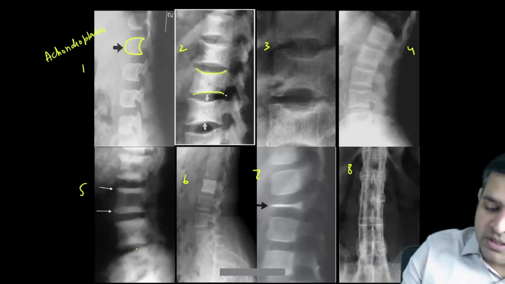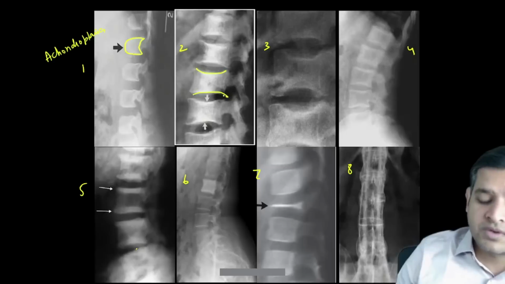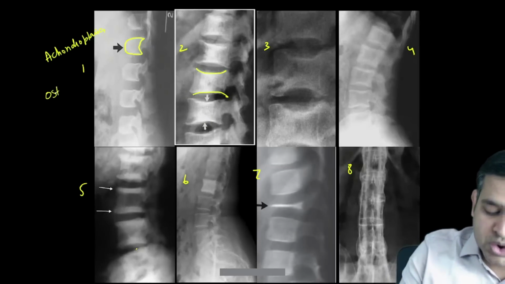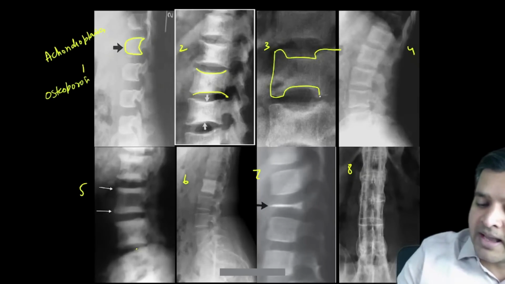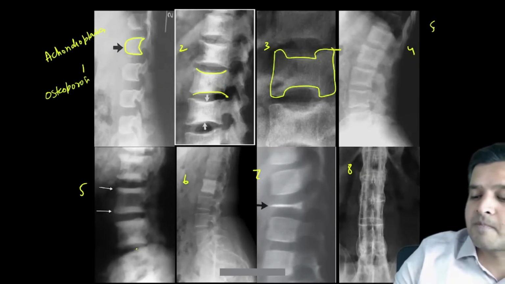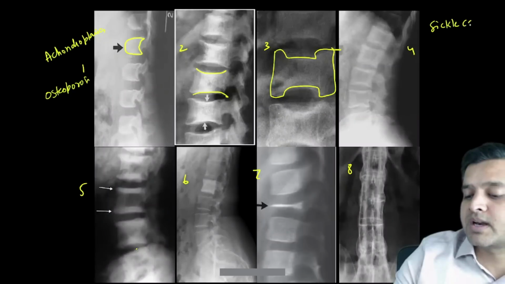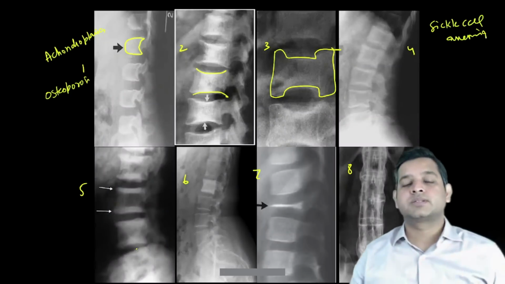Fish mouth vertebra, osteoporosis. H-shaped vertebra, sickle cell anemia.